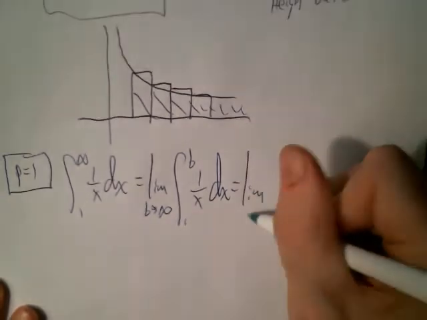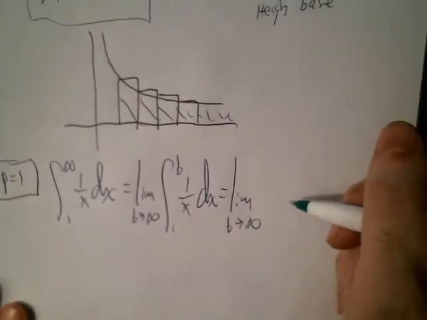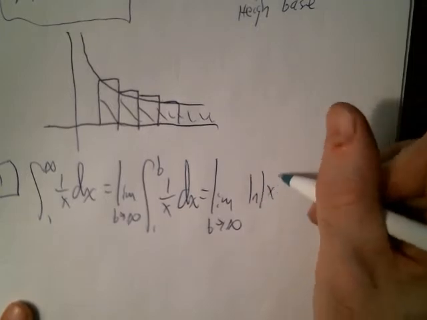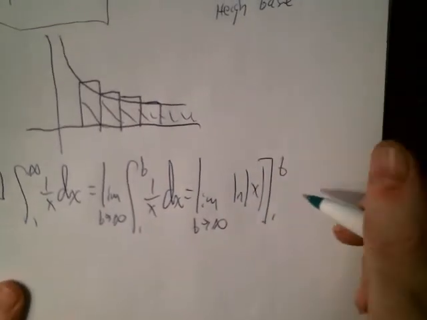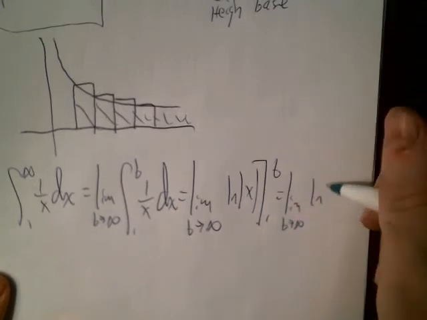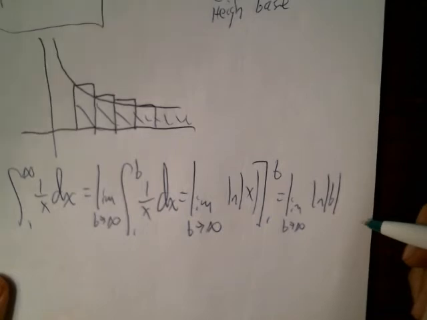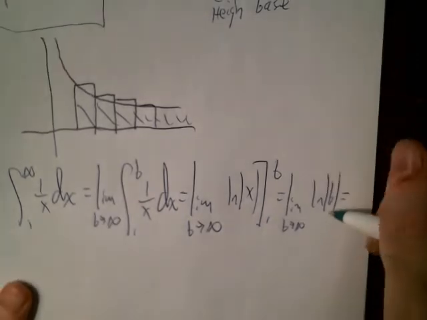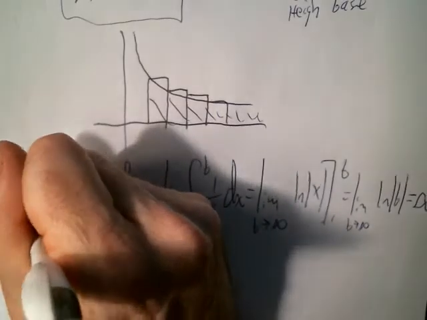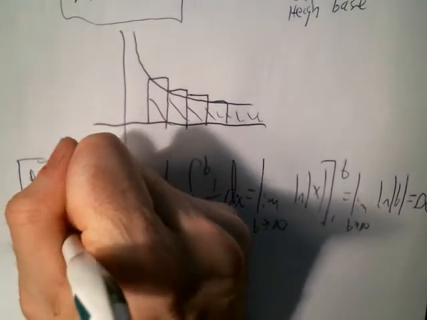Then you have the limit as b goes to infinity of ln of the absolute value of x from 1 to b. That'll be the limit as b goes to infinity of ln of b minus ln of 1, which is 0. And as b goes to infinity, ln of b goes to infinity. So when p is 1, the integral is divergent.